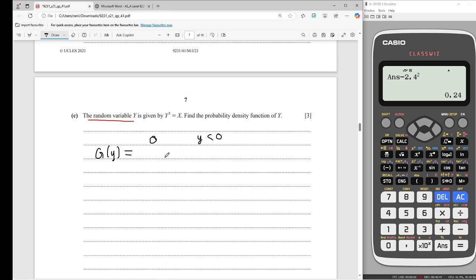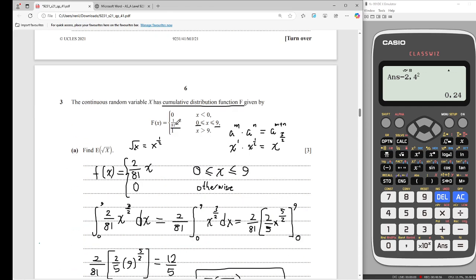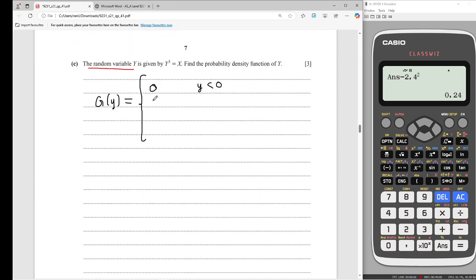Now we need to plug in the values of x. Moving on to the function, now we have 1 by 81 x squared. When you have x squared, you're basically doing y cubed, which is x squared.